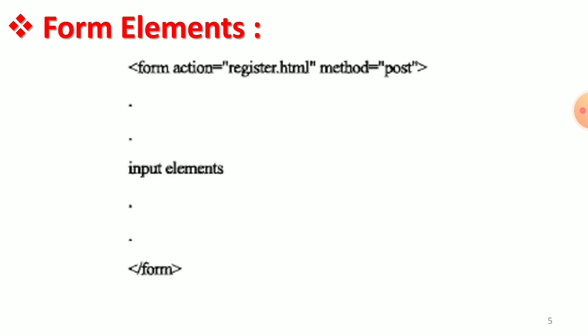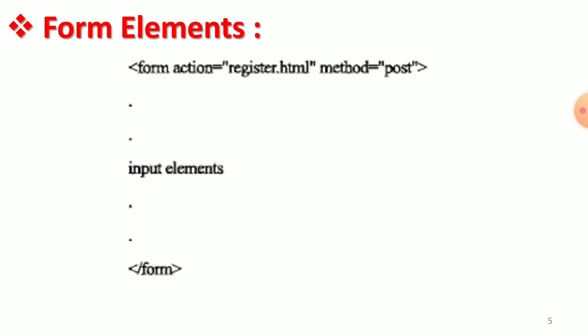The get method retrieves the data from the form and sends it to the server by attaching it at the end of the URL. This method allows only a limited amount of information to be sent at a time. In the post method, the data is sent as a block through the HTTP transaction.